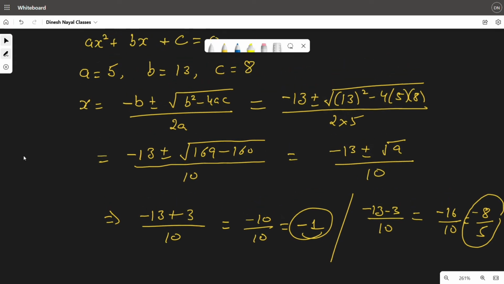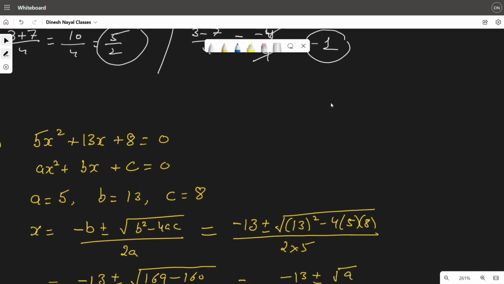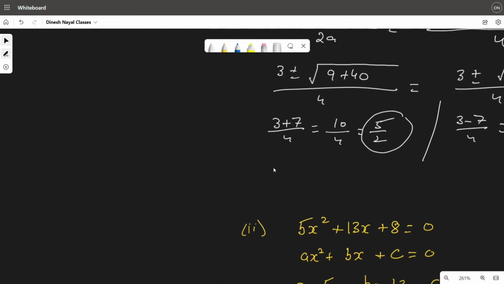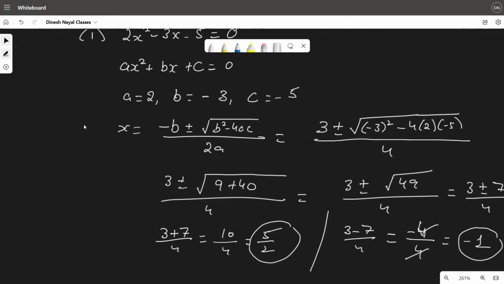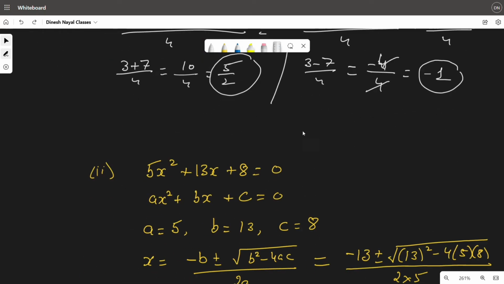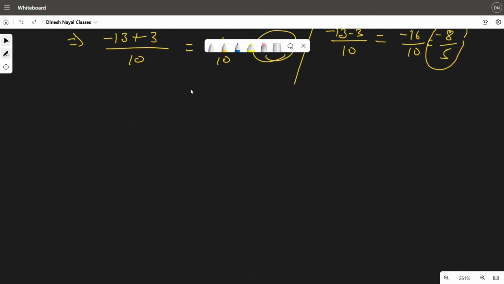Now the next question. The third part of the question is minus 3x square plus 5x plus 12 equals 0. So sorry for this. Now let's do the third part over here.